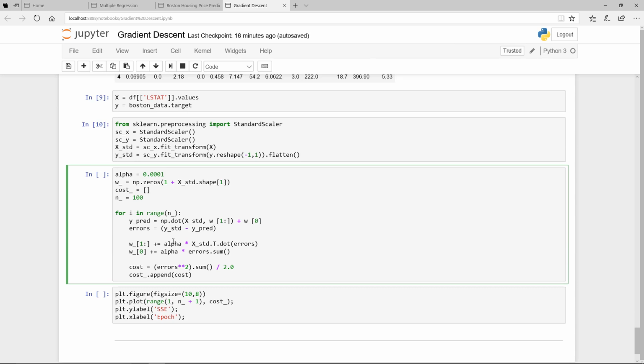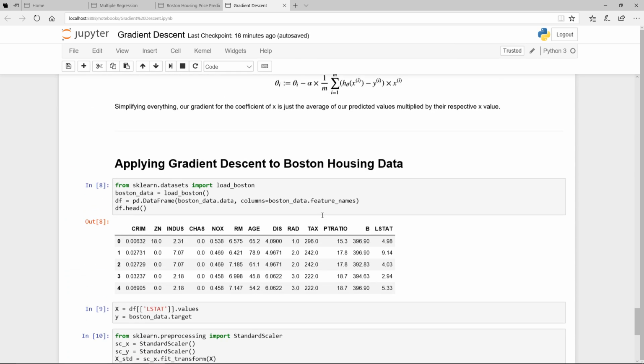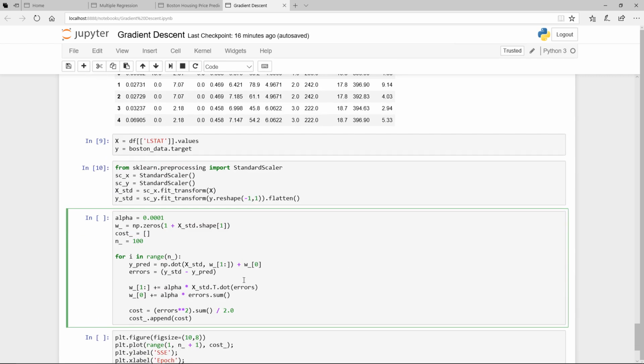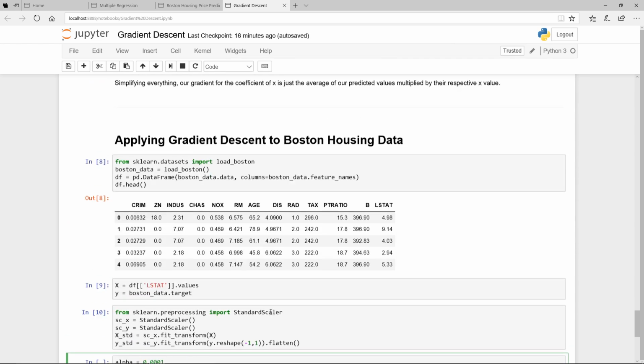to actually update our coefficient. So what you have here is alpha multiplied by x times the errors. So this is your alpha, and then you have your x multiplied by the error. In essence, that's really what this portion is. And finally, this is the actual cost itself: the error to the power of 2, sum, and then divided by 2.